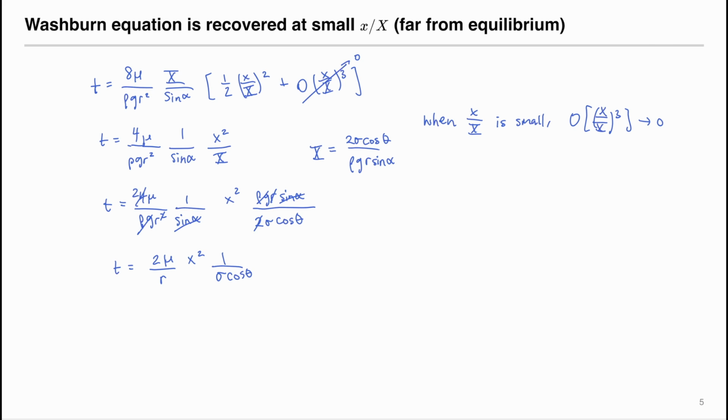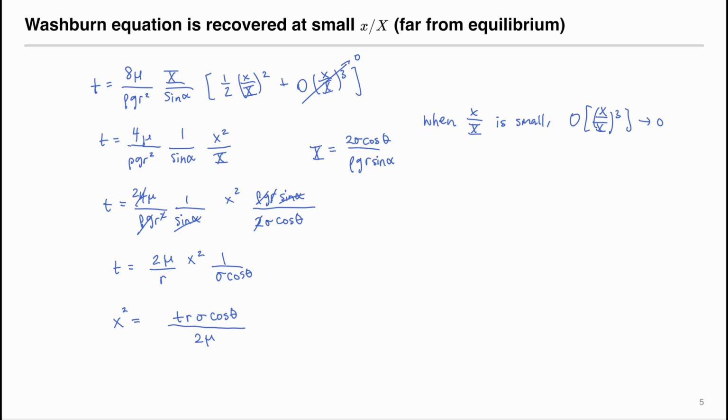Now we can solve to the Washburn format, so the x is at the left and t is on the right. So we have x squared equal to t multiplied by r cosine theta times sigma divided by 2 mu.